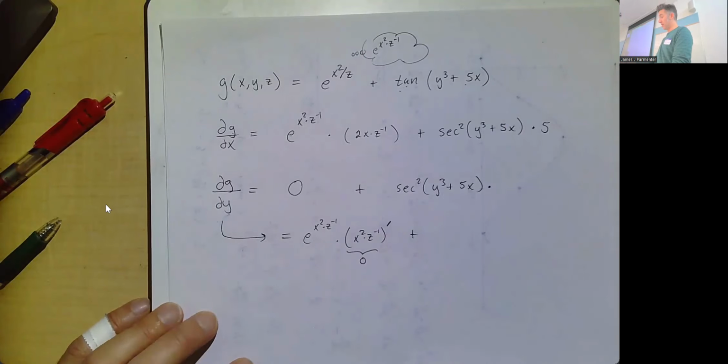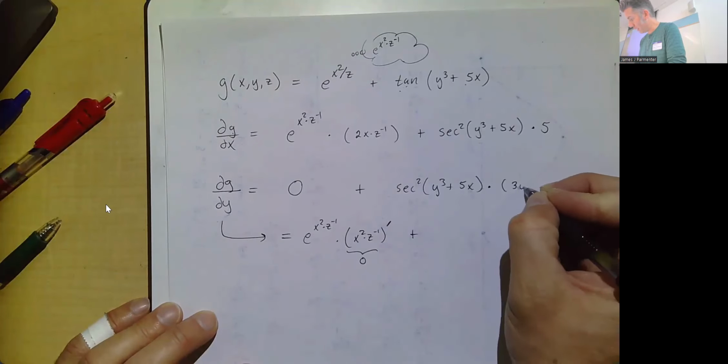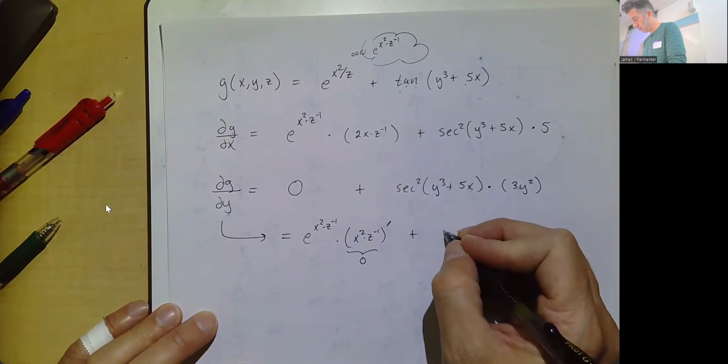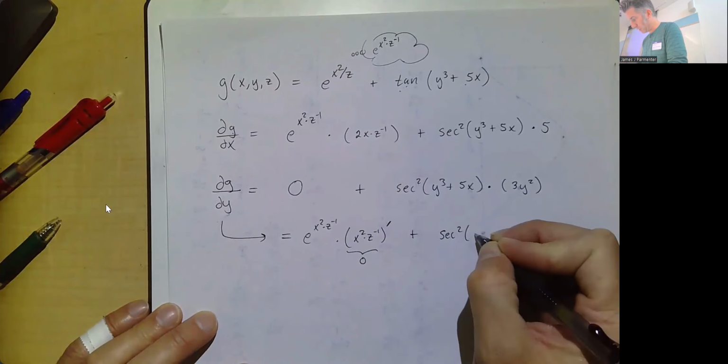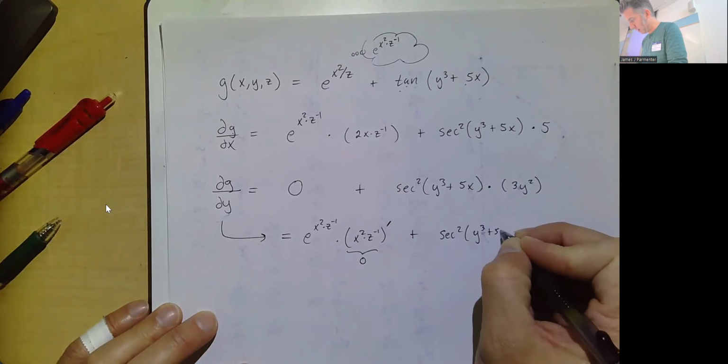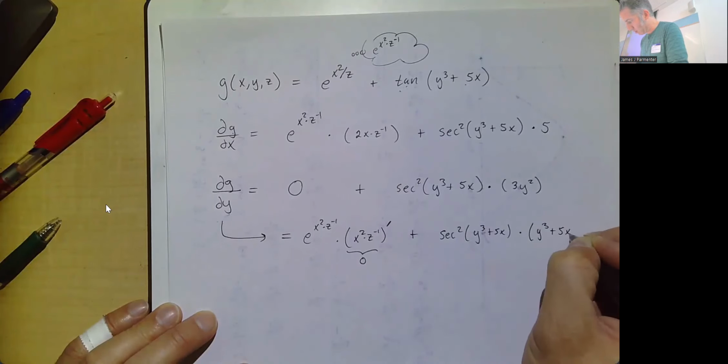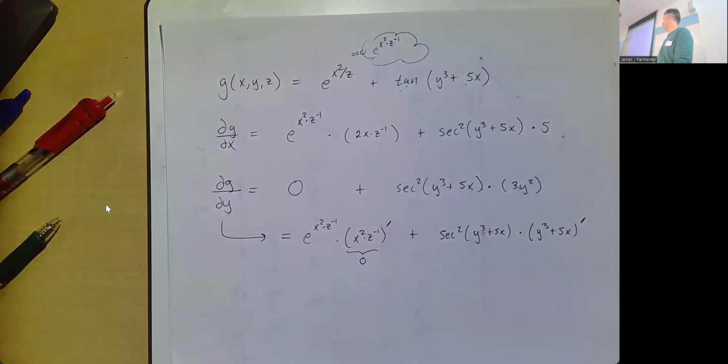What does change is the derivative of the inside portion, now that we're differentiating with respect to y. So we're going to get 3y squared, and you don't really need parentheses there, but I wrote them anyway. Or more generally, we're getting secant squared of y cubed plus 5x times the derivative with respect to y of y cubed plus 5x. That's what's happening there.